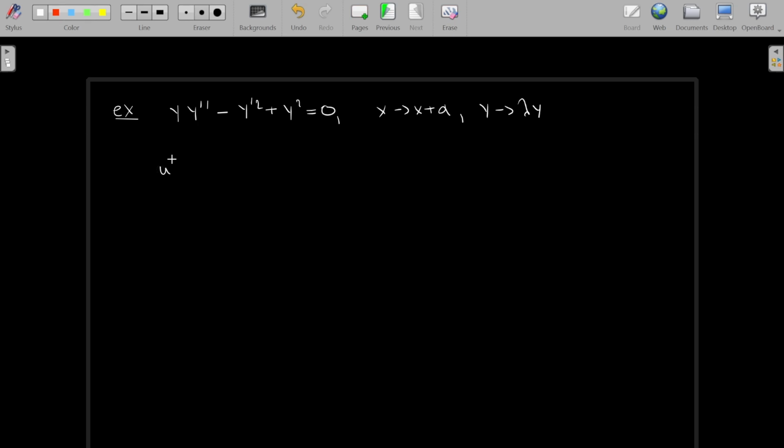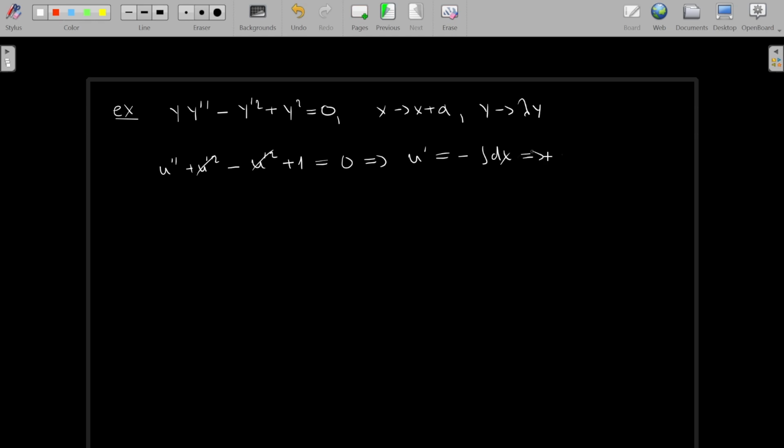So we get u prime prime plus u prime squared for this, and this will go away, plus this would get us u prime squared, and this is just plus 1, right? And this is equal to 0. So u prime, this also cancels, it's just minus dx, right?